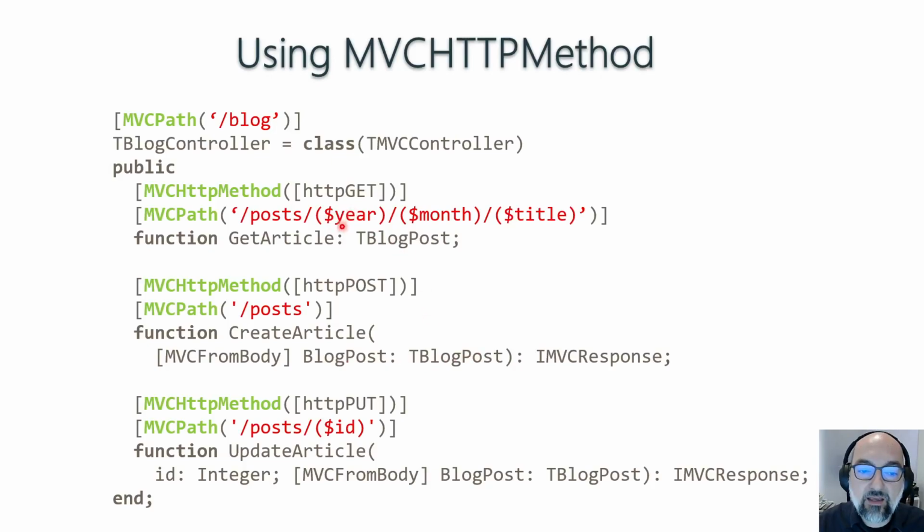Just like in this case, here I can inject ID. I can inject the same thing here using MVC from body. So this ID comes from the URL. This blog post comes from the body of the request.